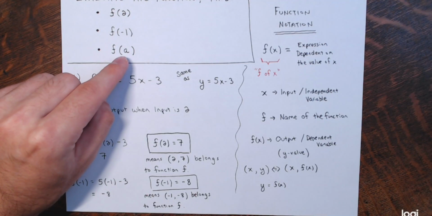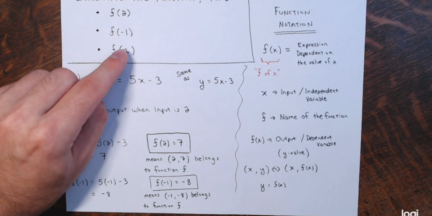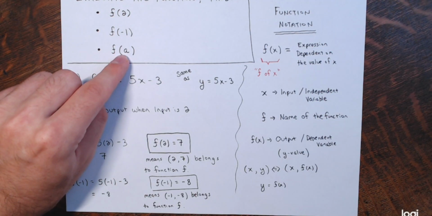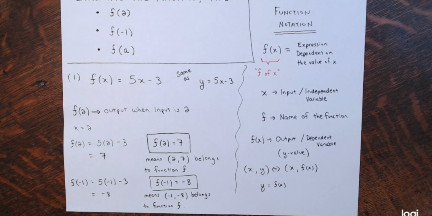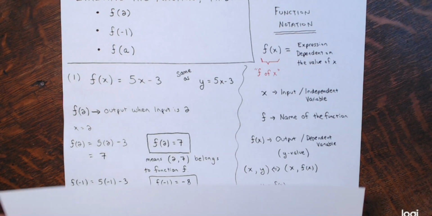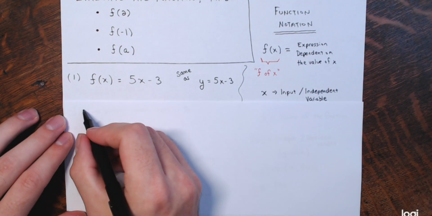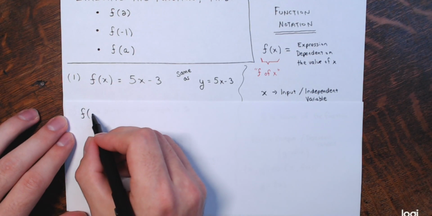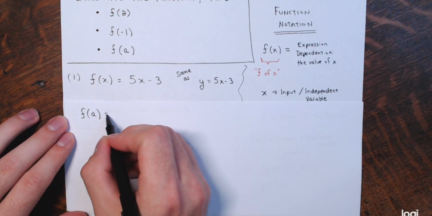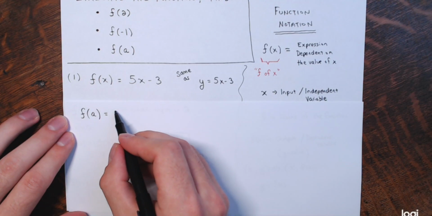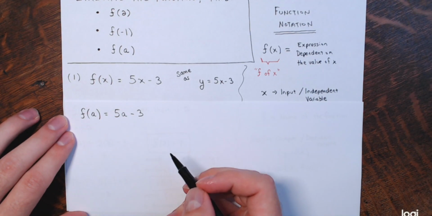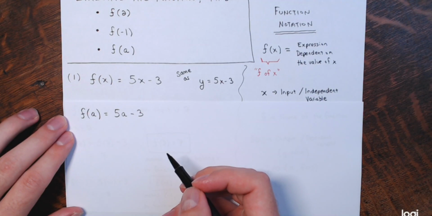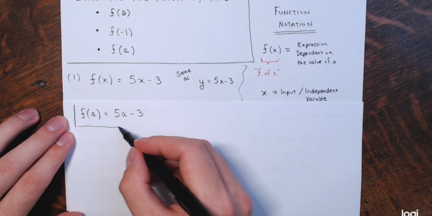And all you're doing, just like with 2 and negative 1, is replacing x with a. So very simple last part. The value of f at x equals a is 5 times a, so 5a minus 3. Right. And there you go. And that's as simple as that gets.